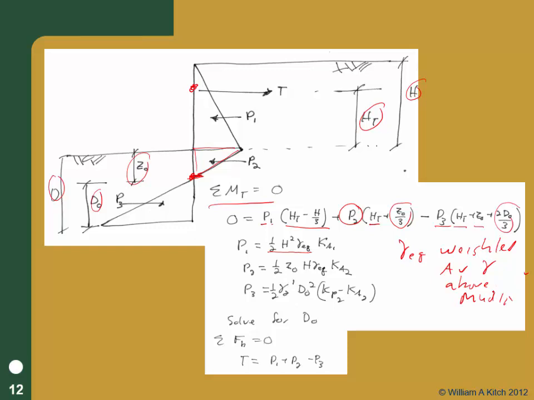Generally, if you have different soil layers back here, it's convenient just to calculate an average gamma and plot it that way, because it's just a lot easier to solve the problem.